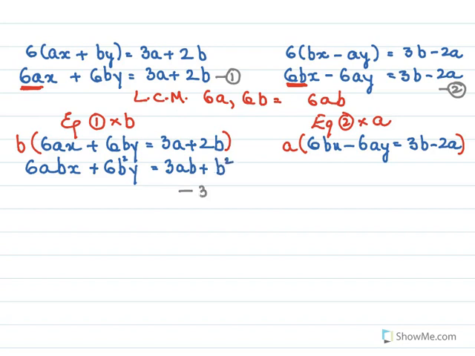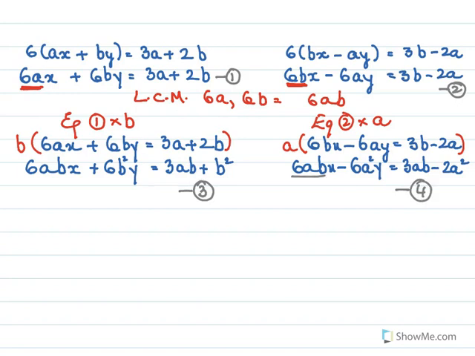I'll call this equation 3. Now let me multiply a into 6bx is 6abx. a into 6ay, 6a square y. a into 3b, 3ab. a into 2a, 2a square. And this is equation 4.